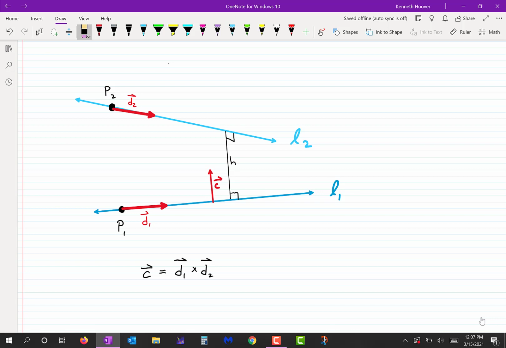And now, this part is not obvious. So this part here I'm going to ask you to kind of trust me on, and that is, how do we find vector H?